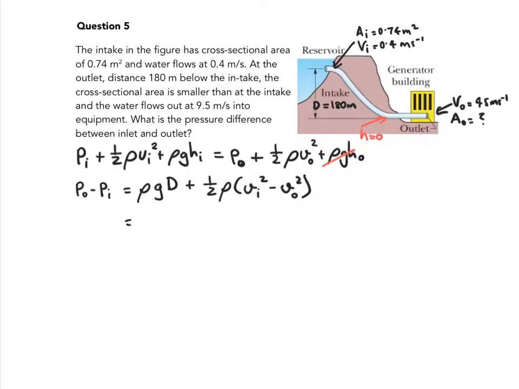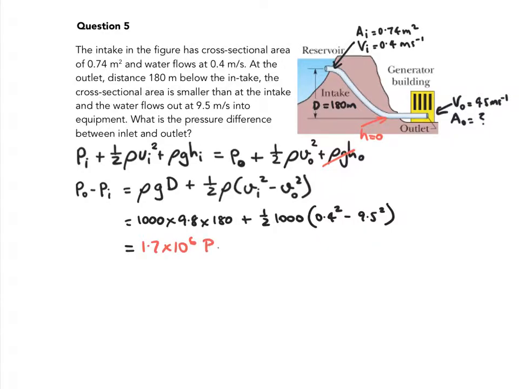So that equals 1000 times 9.8 times 180 plus half 1000 times 0.4 squared minus 9.5 squared. So we didn't even need the cross-sectional area here. That comes out to be 1.7 times 10 to the 6 pascals, which is 1.7 megapascals.